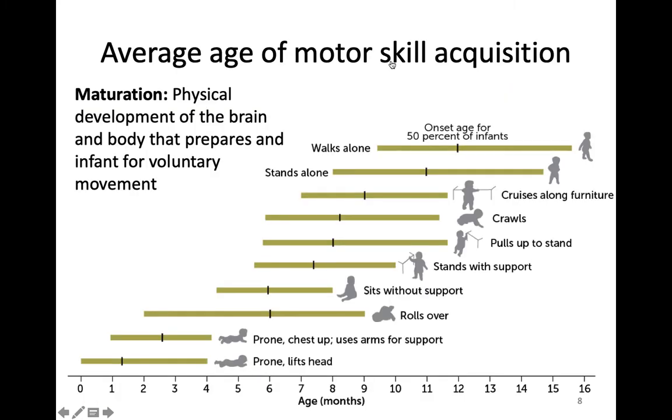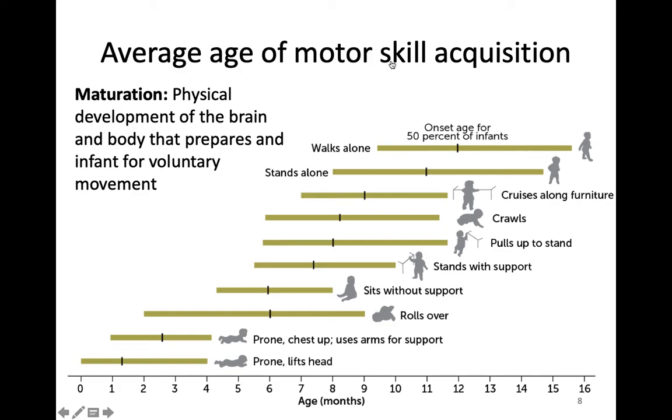So this slide shows the average age of motor skill acquisition. Okay, and so when we talk about a child maturing, we're talking about the physical development of the brain as well as the body that prepares an infant for voluntary movement.